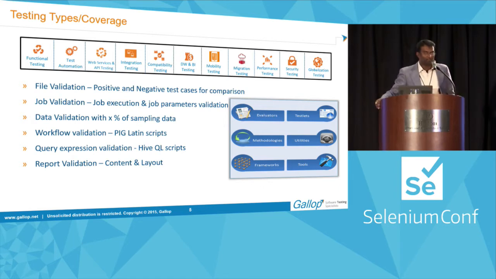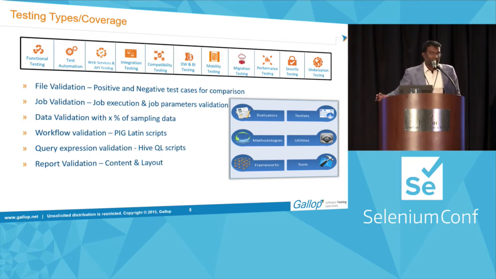And then performance testing. Since we are dealing with huge data, it's very important for us that whatever system we have in place is behaving as expected, and the data is flushing in real quick.